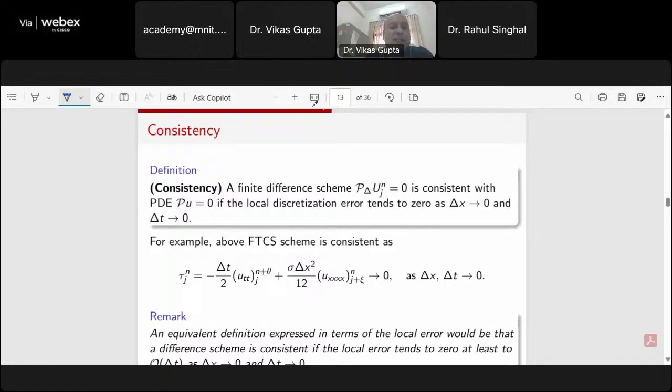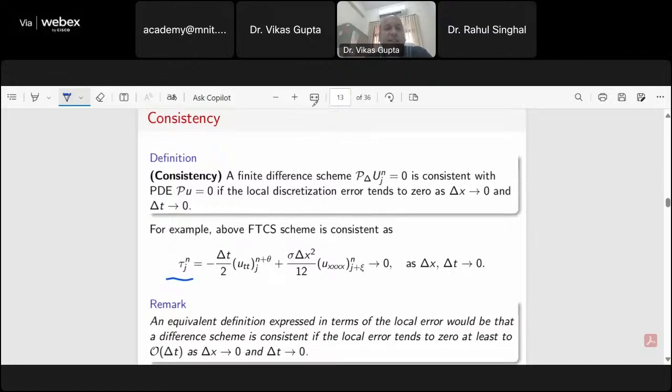That is, the truncation error tau jn approaches 0 while we are making delta x approach 0 and delta t approach 0. For example, for the above FTCS scheme, we can see that the local discretization error tau jn approaches 0 as delta x, delta t approach 0. Am I right?